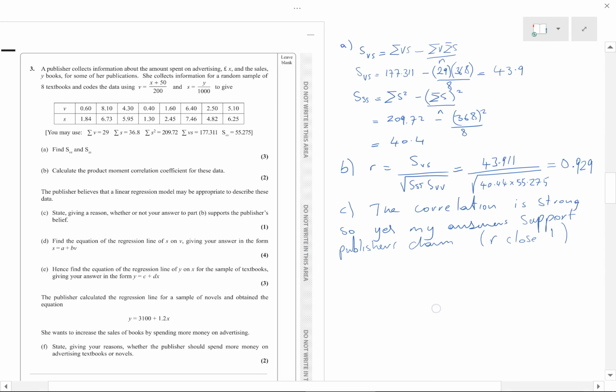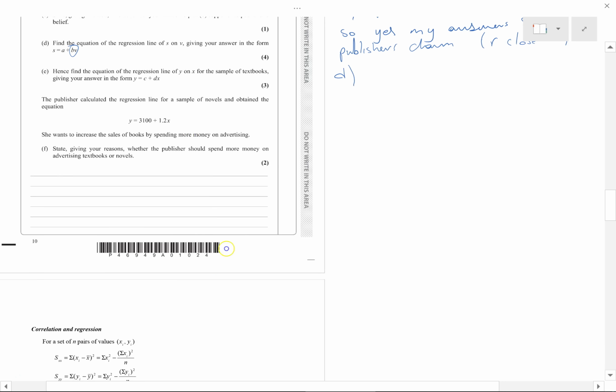D, find the equation of the linear regression line of S on V. Now we're going to refer back to our formulae, and we work out B first.